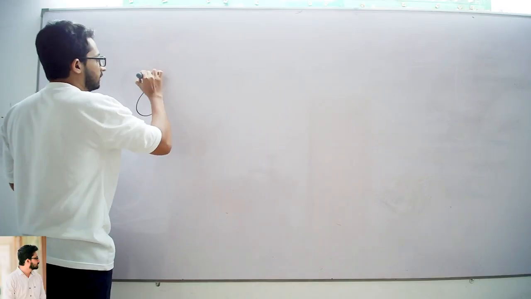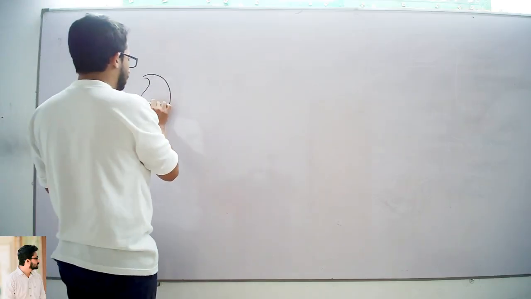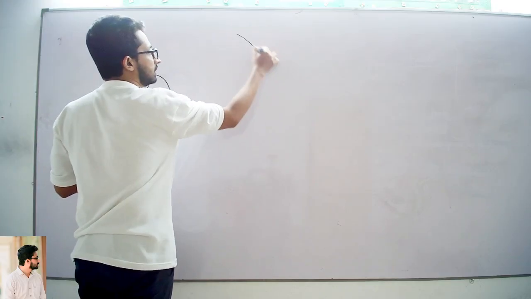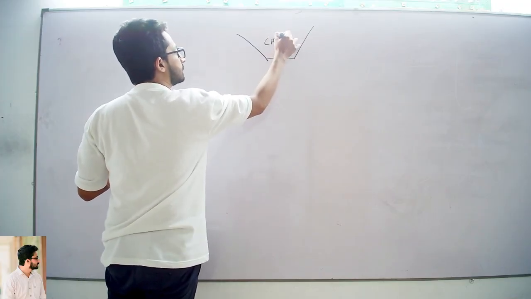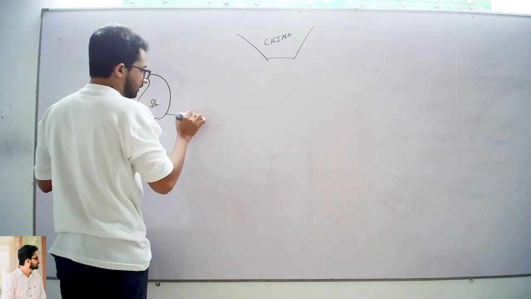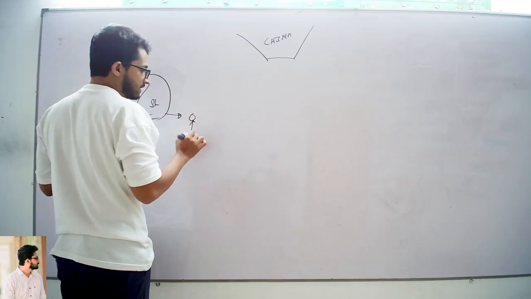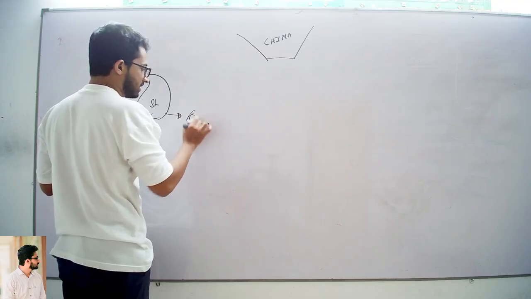Assume Sri Lanka, a typical example, and let's say China. This is a domestically produced good. Assume footwear, a pair of shoes. This is the domestic producer.